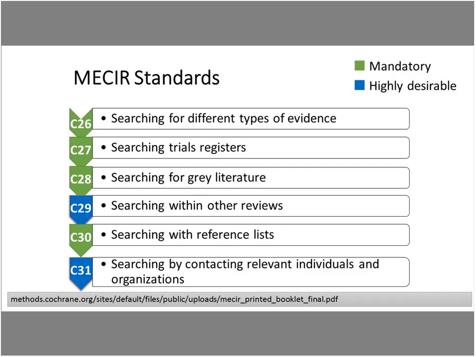They differentiate between mandatory and highly desirable: looking at trial registers, the gray literature, searching relevant reviews, the reference lists, and even contacting individuals and organizations. So we talked some about that as well last time.